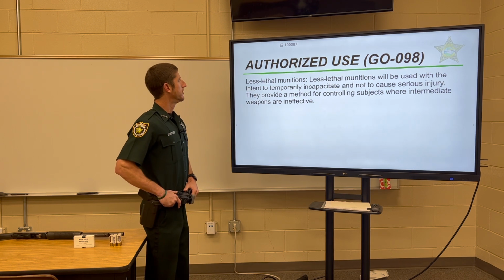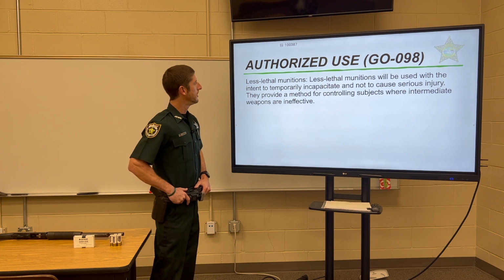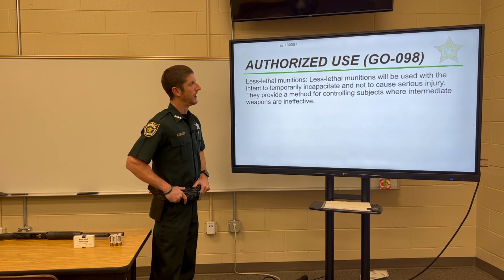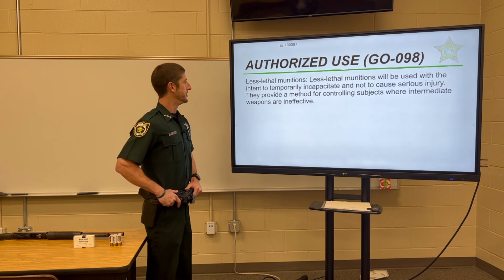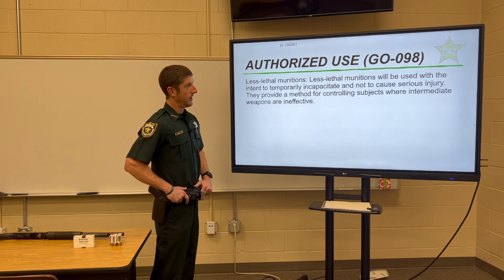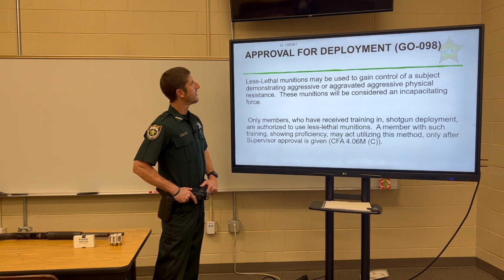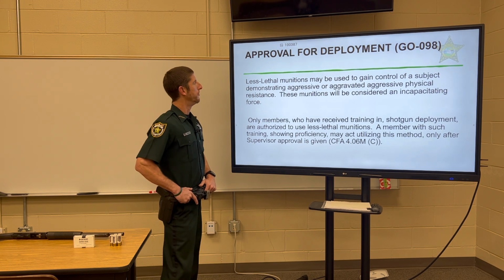Authorized use, less lethal munitions. Less lethal munitions will be used with the intent to temporarily incapacitate and not to cause serious injury. They provide a method for controlling subjects where intermediate weapons are ineffective. Okay, approval for deployment.